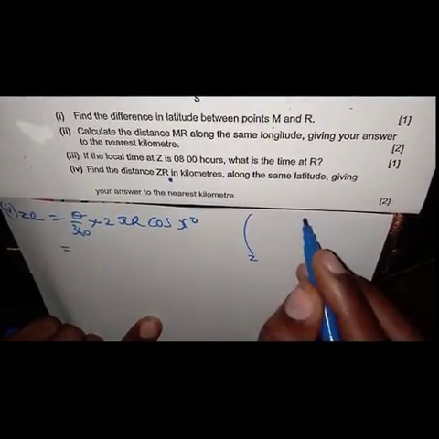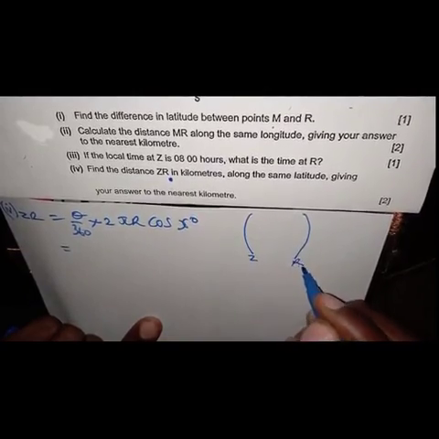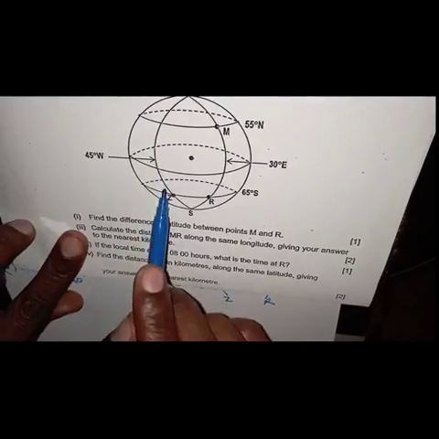So look at where Z is. Z is in this position and R in that position. So Z has which longitude? 45 degrees west, right? Z is 45 degrees west and R is 30 degrees east, you see this?